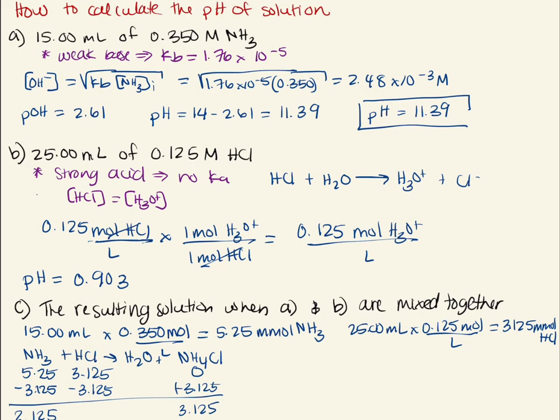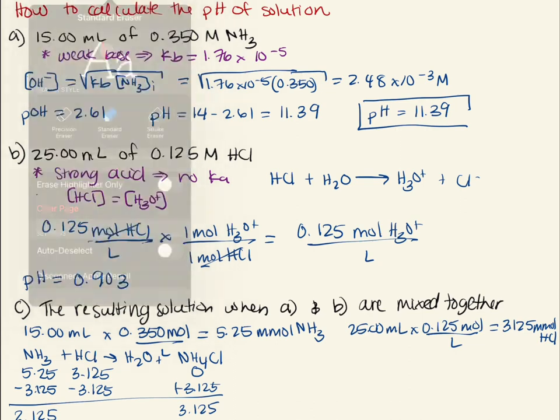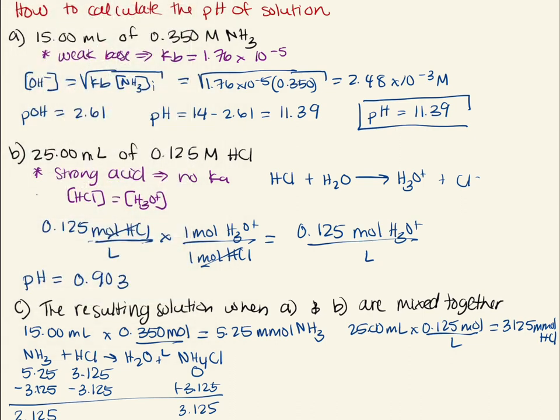So if we're before the equivalence point, remember, we can calculate the concentration of our hydroxide using the equation Kb times ammonia divided by ammonium.